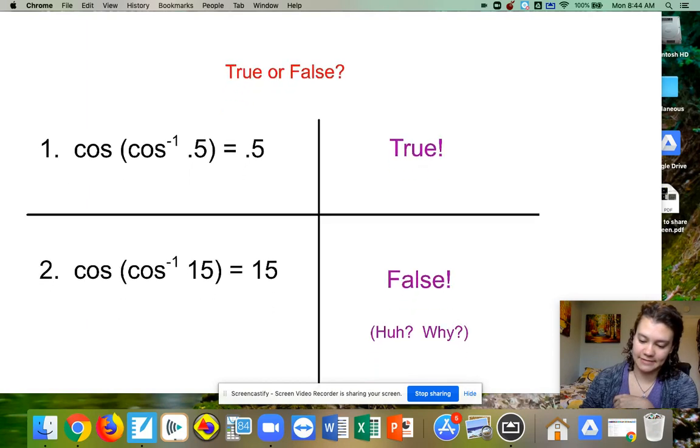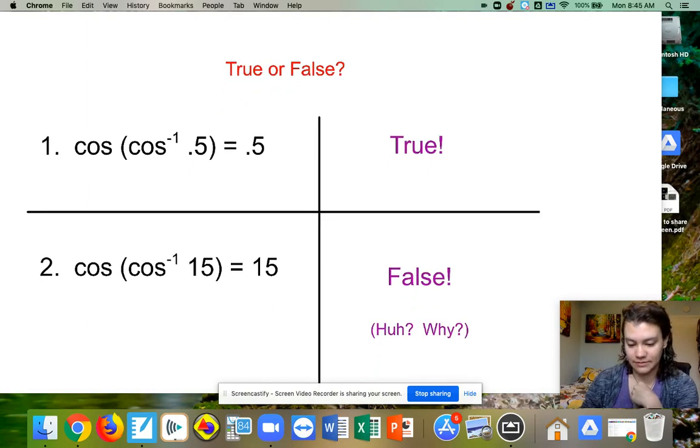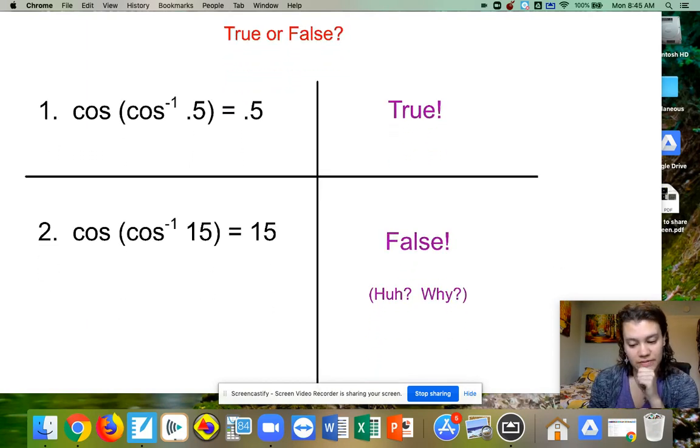So take a second and look at these. This one we say is true, this one we say is false. Try and think about why. Okay, so this one, true, easy, it cancels out. The reason this one is false is because you can never get 15 as a ratio of cosine.